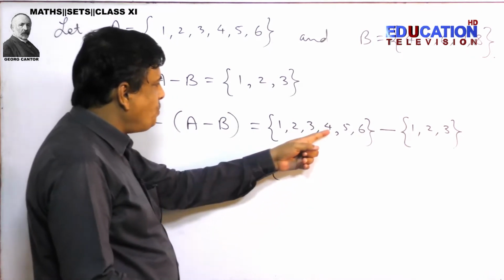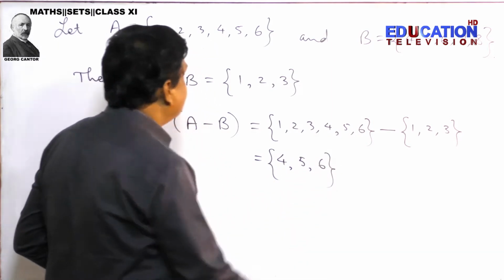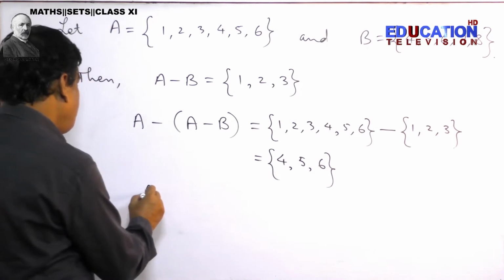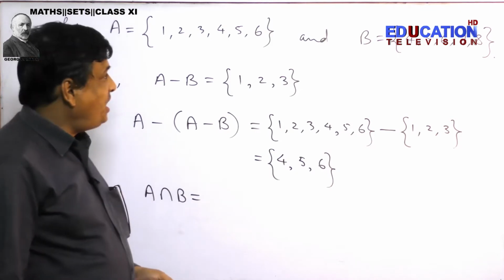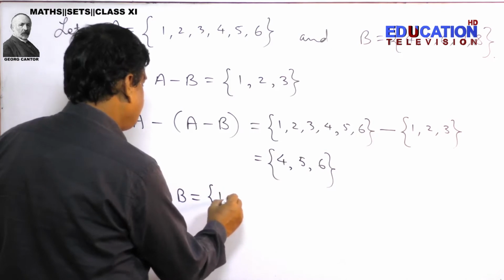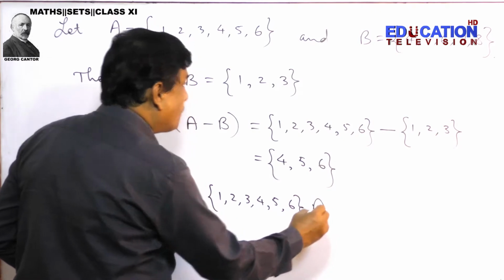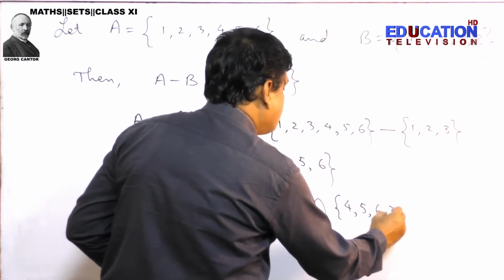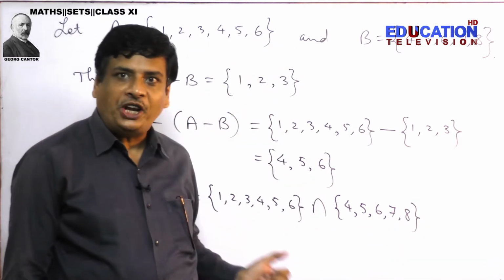So the difference contains only the elements 4, 5, 6. In A intersection B, the set is formed by the common elements.